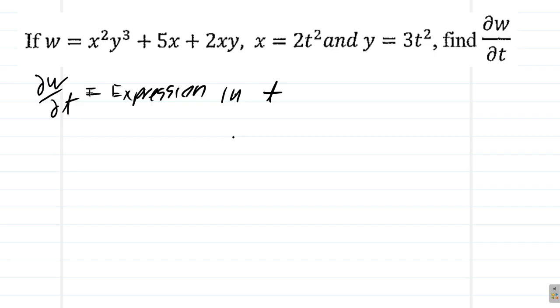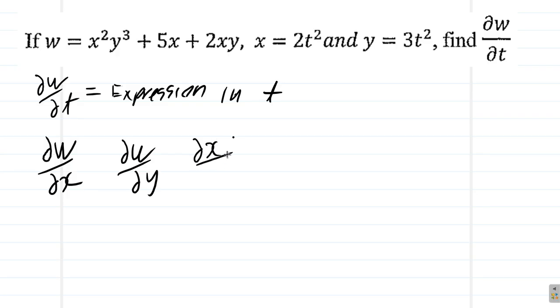Alright, so let's see what we can do with this now. Here we can find the partial derivative of w with respect to x. We can find the partial derivative of w with respect to y, right? We can find the derivative of x with respect to t and the derivative of y with respect to t as well.